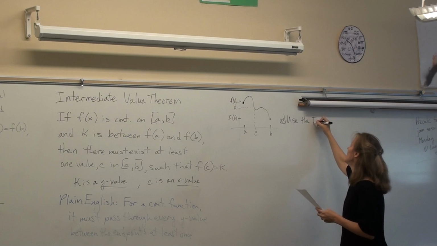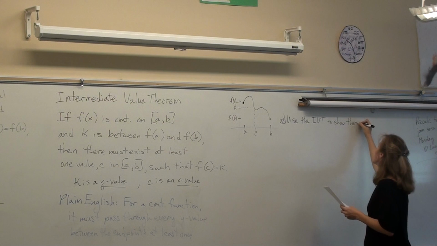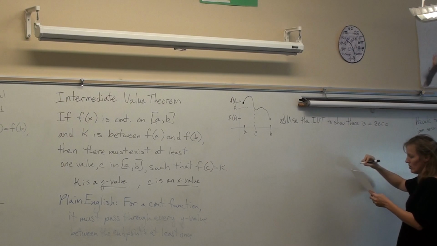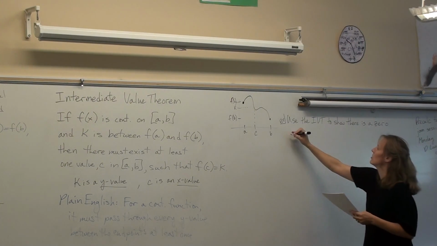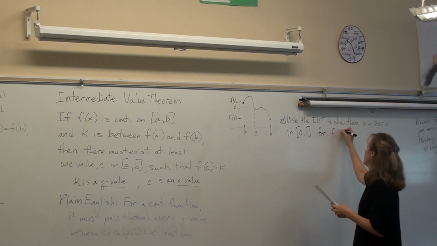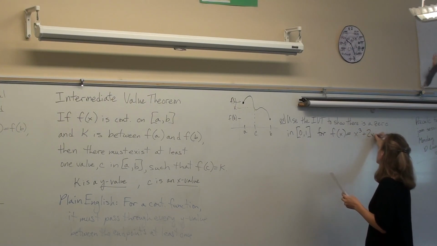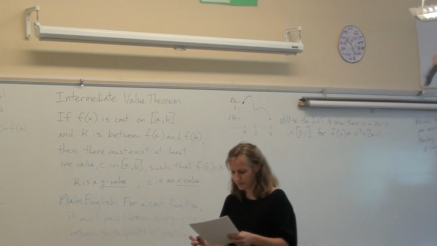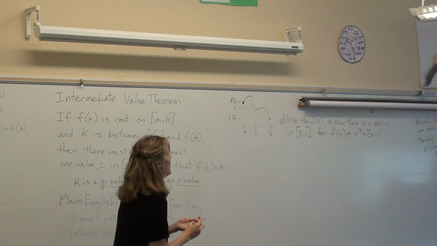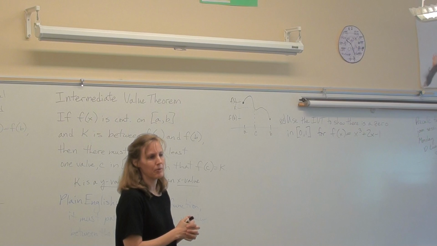Use the IVT to show there is a 0 in the interval 0 to 1 for f of x equals x cubed plus 2x minus 1. It doesn't say to find where it is. It doesn't ask you to find c. It just says show that there has to be a 0.